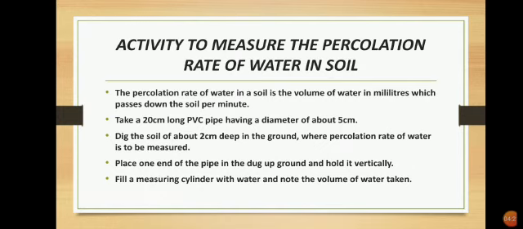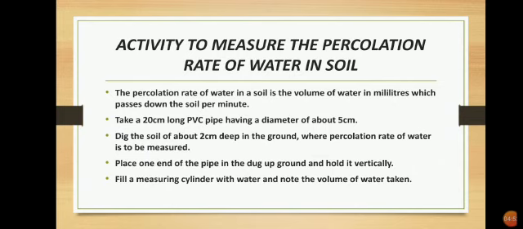Now we will be doing one activity to measure the percolation rate of water in the soil. For this, you have to take a 20 centimeter long PVC pipe. All of you have seen that blue colored pipe which is used in buildings for supplying water from the tank to the bathroom or the sink.